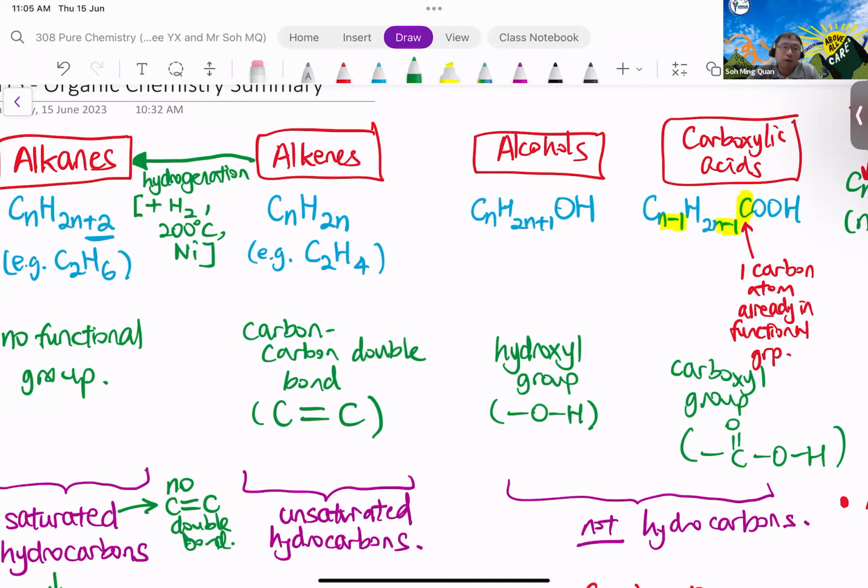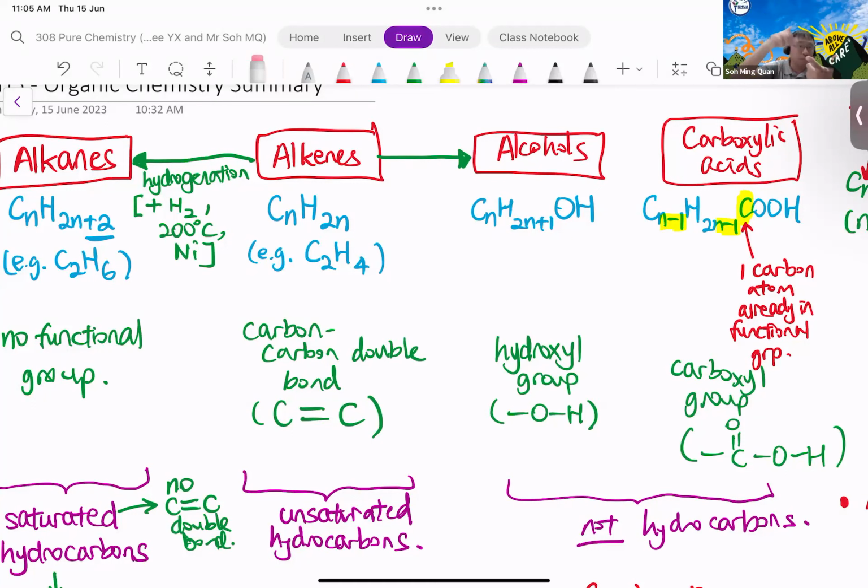Now, that's the first conversion. The next conversion that we can begin to question is, how can I go from alkene to alcohol? If I start from an alkene, how do I go from an alkene to an alcohol? Is there a reaction? Of course there is. It's again one of those addition reactions of alkenes. There's hydrogenation, which produces alkane.